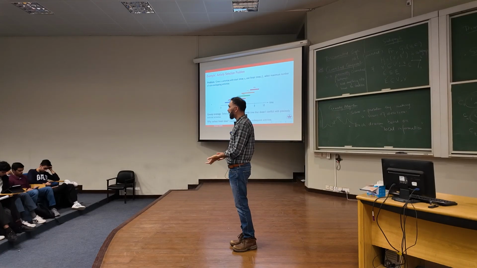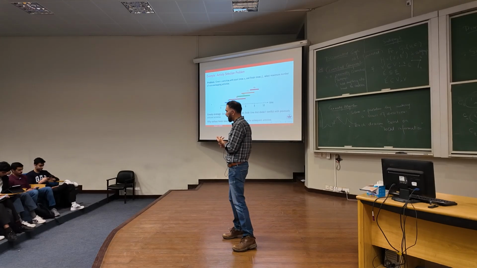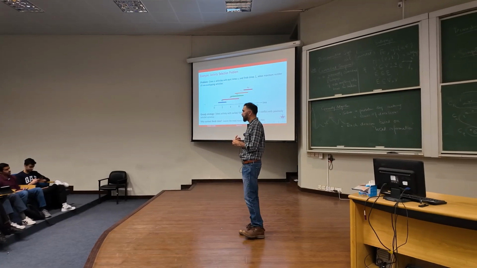All of them are happening at the same time. Then all of them are individually the optimal solution. Right? The optimal solution will have only one activity, but you can pick any one of the million activities. So you can have lots of optimal solutions.